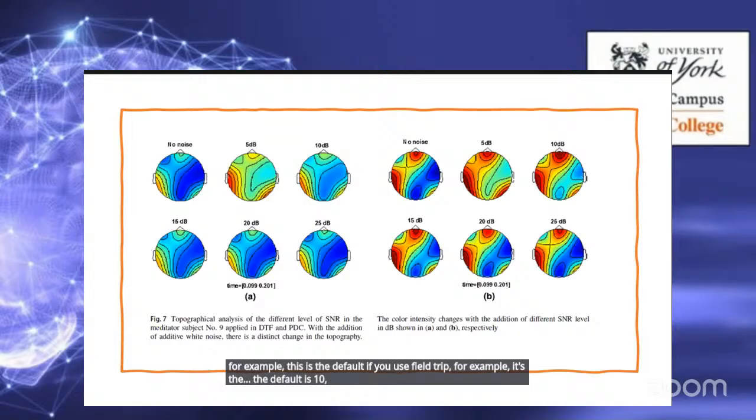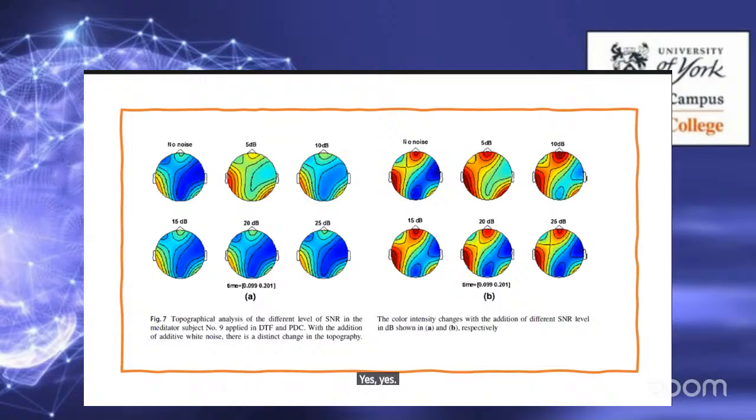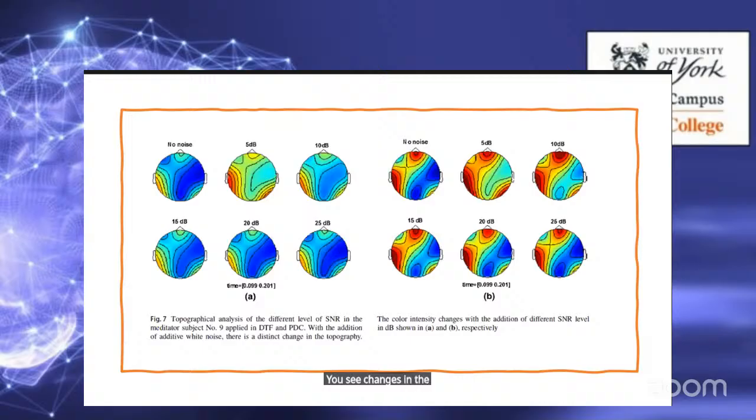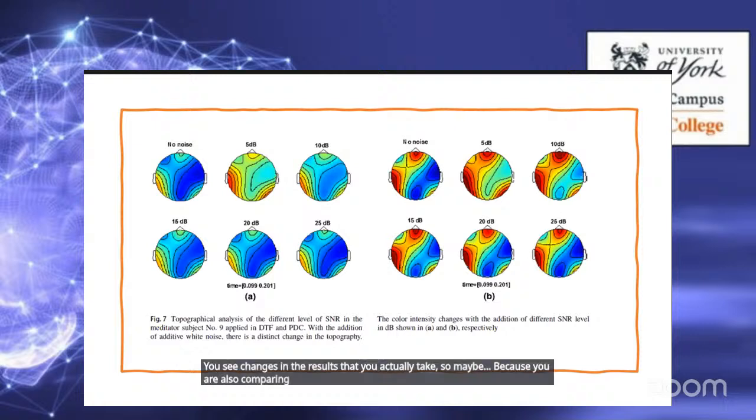Depending on the model order, in some studies you see changes in the results. So maybe, because you are also comparing between techniques, if you chose a different model order, would you expect that to make a difference in the results?